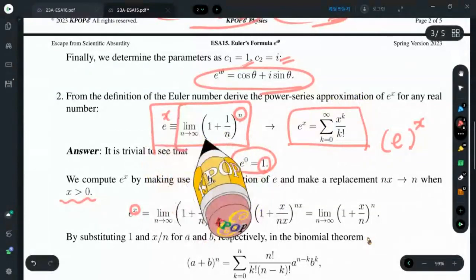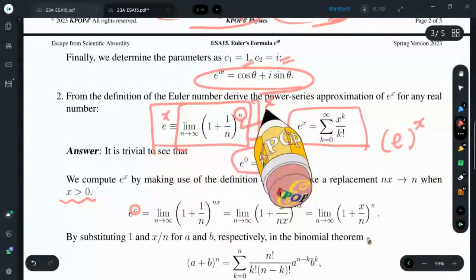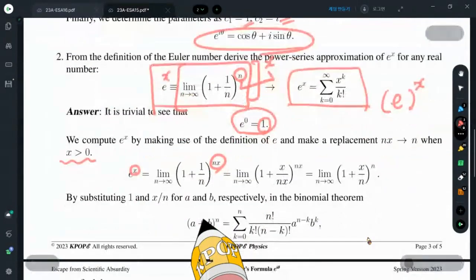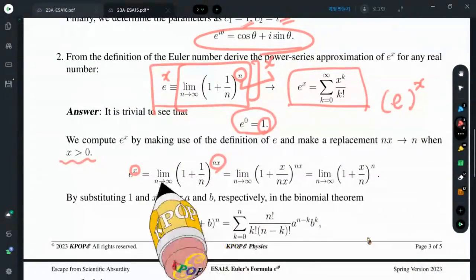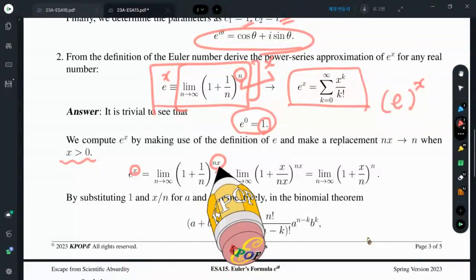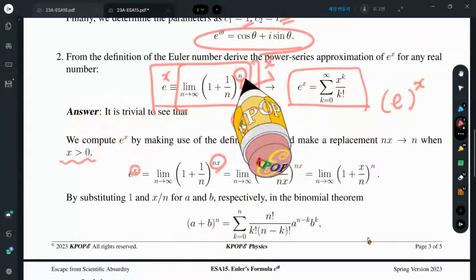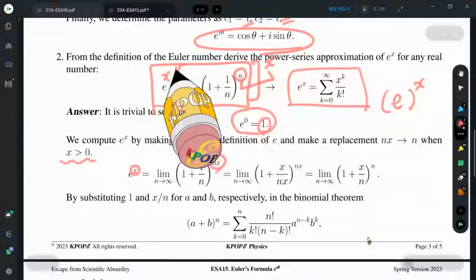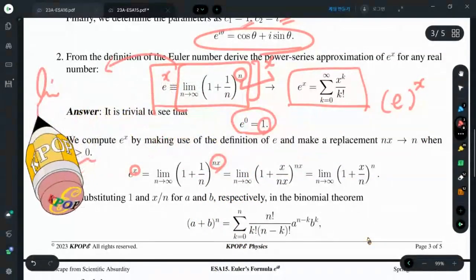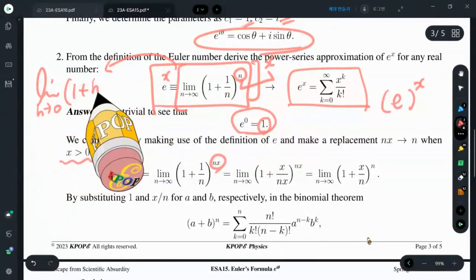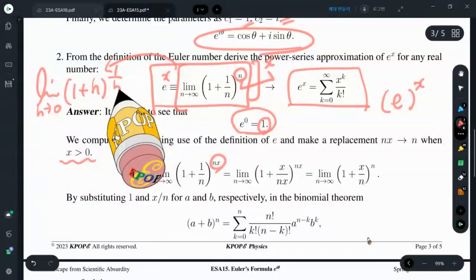So multiply two exponents, I would get this nx. The limit should be the same. For example, I can take the limit as n goes to infinity, but it is equivalent to say limit h goes to 0 and it is 1 plus h to the 1 over h.